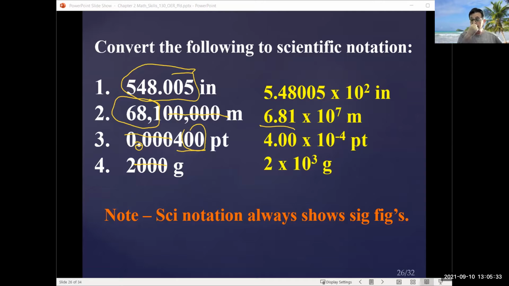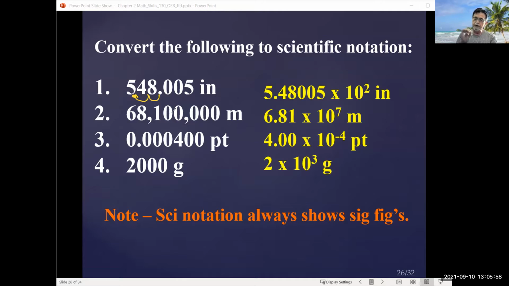Okay. And now it's a matter of writing the number, finding the decimal point, and then with a number greater than 1, we're going to go from right to left, and we count the number of decimal places, and we keep going from right to left until we land in front of the last integer.